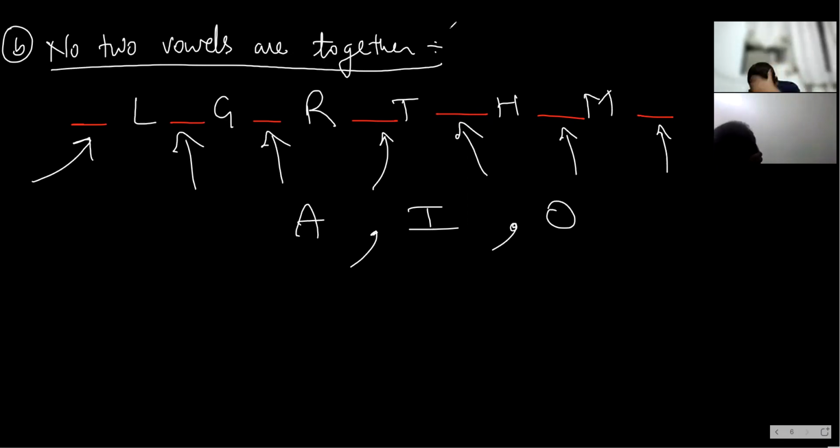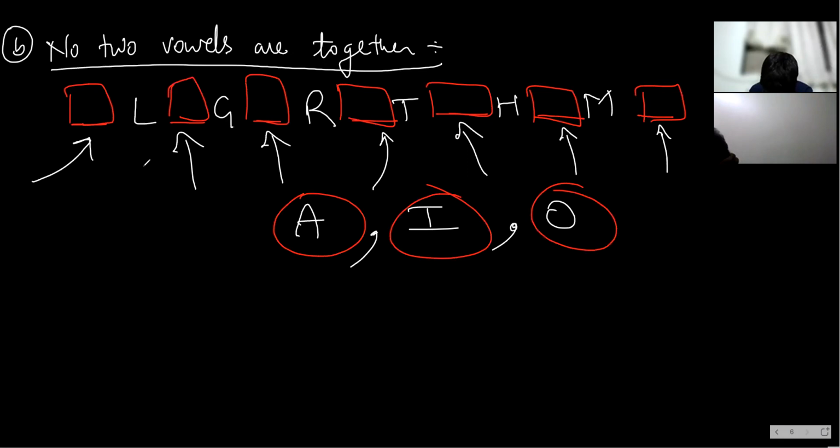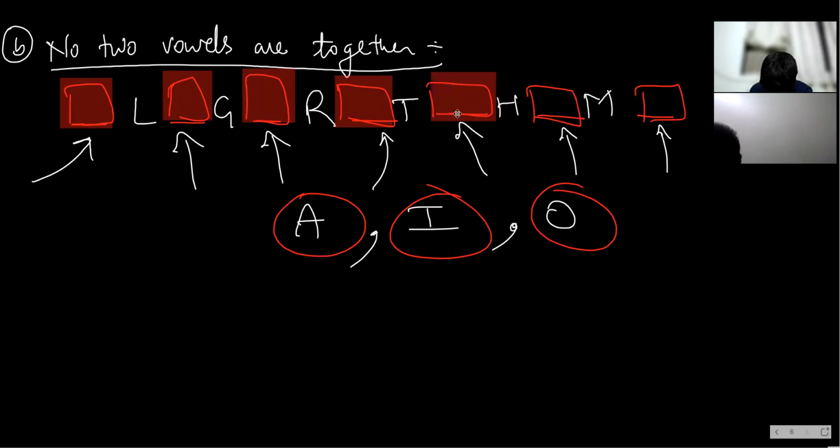Okay, there are 7 places: 1, 2, 3, 4, 5, 6, 7. So if these three vowels you keep at any three of these 7 places, try to understand. There are 7 places, but you need to keep these three vowels at any three of the 7 places.